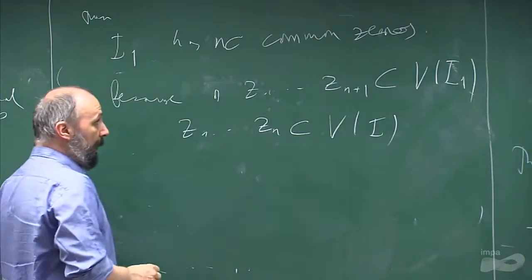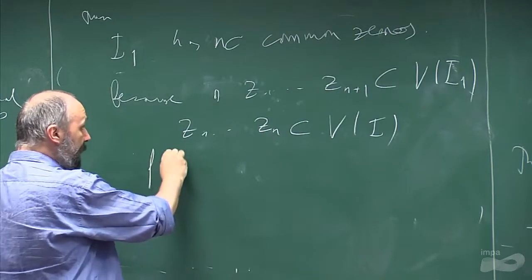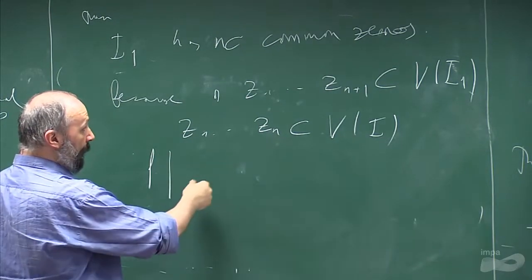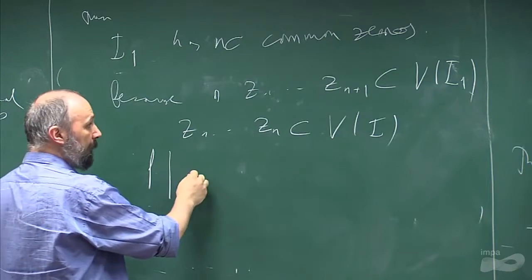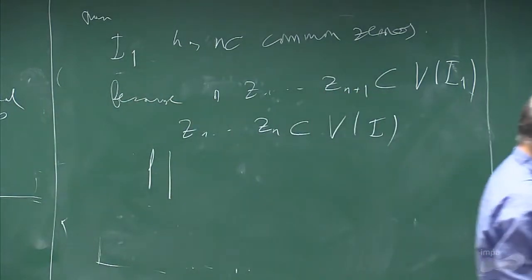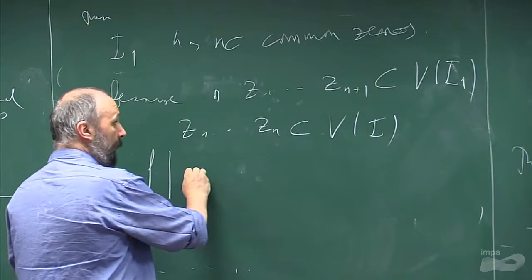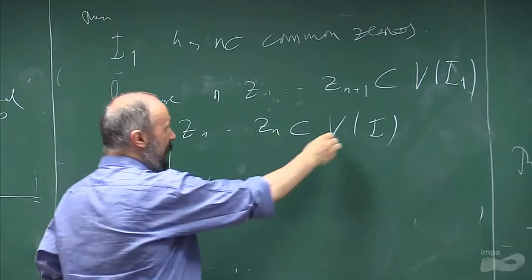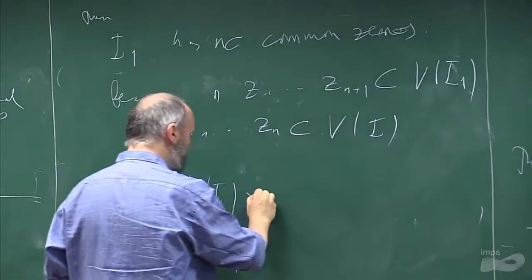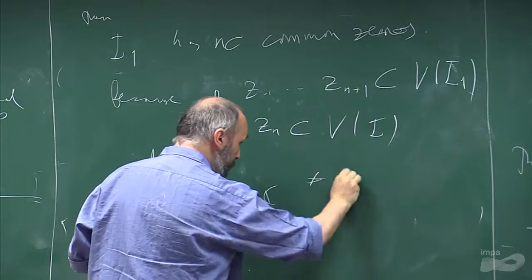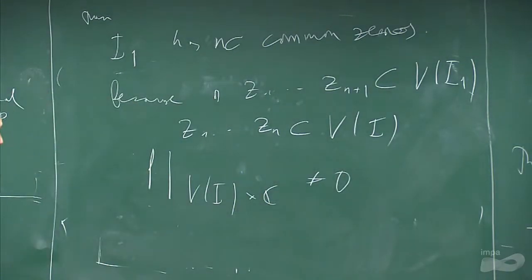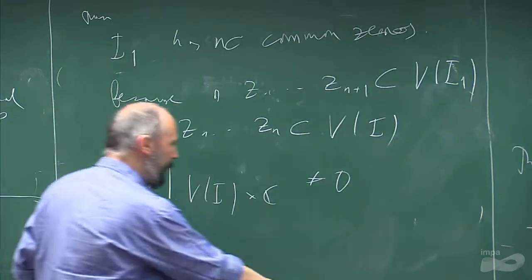Just multiply the zero set by adding an extra variable. But then f restricted to this set, to v of I times C, is zero everywhere.